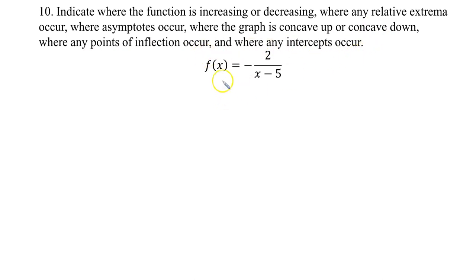So this is going to be a multi-part problem, and I'm going to actually start with the vertical and the horizontal asymptotes because we've just done that. We're also going to talk about the domain of this function, and the intercepts for this function, and then we'll get into increasing and decreasing using the first derivative and concavity using the second derivative.